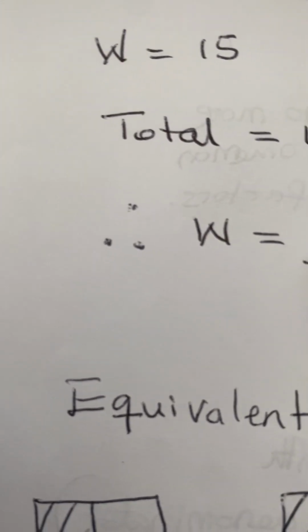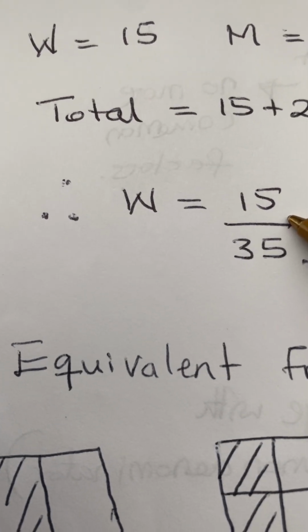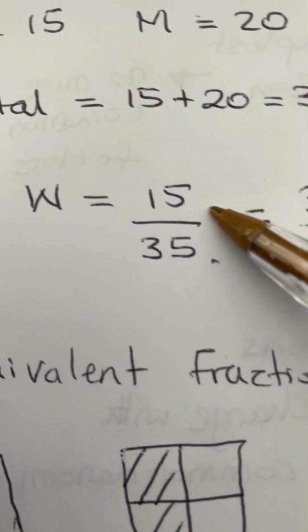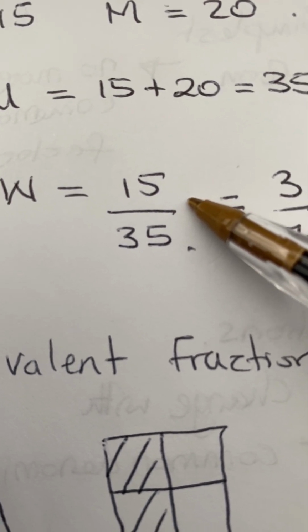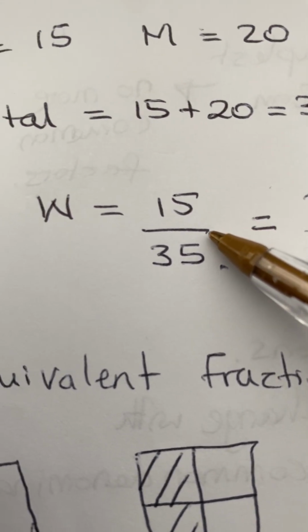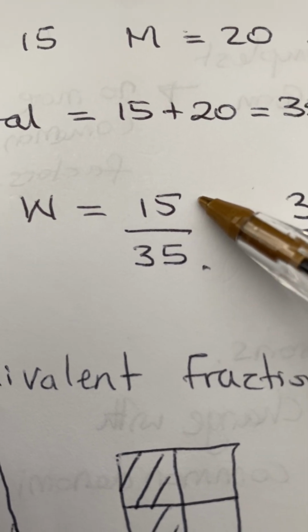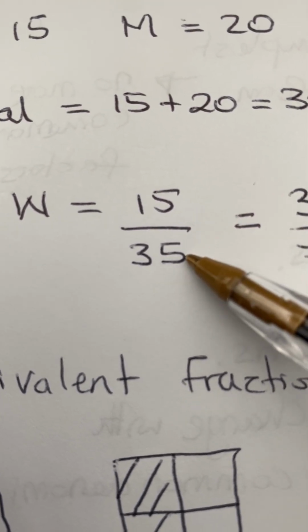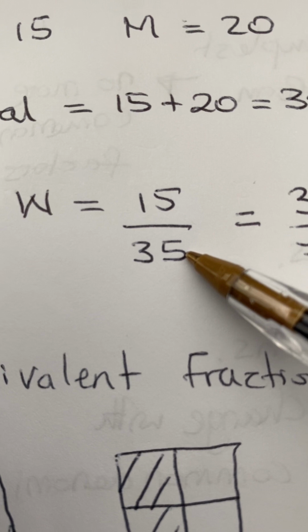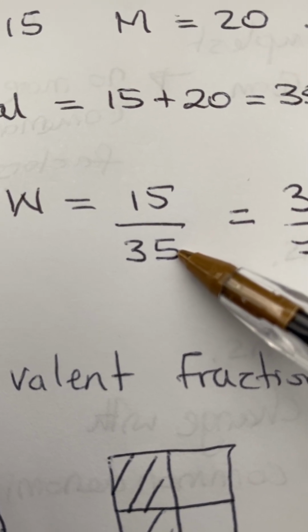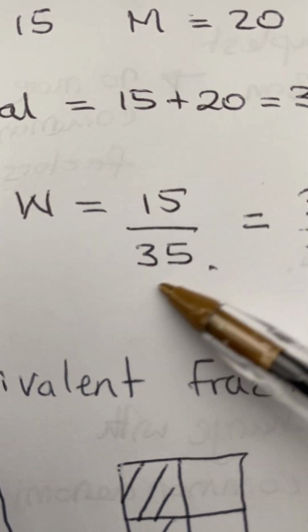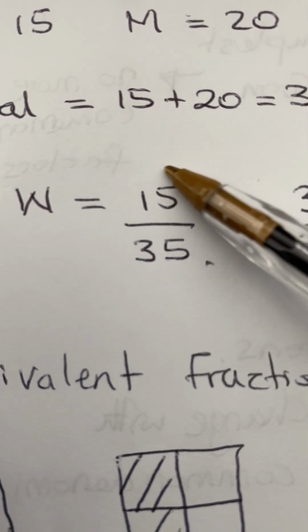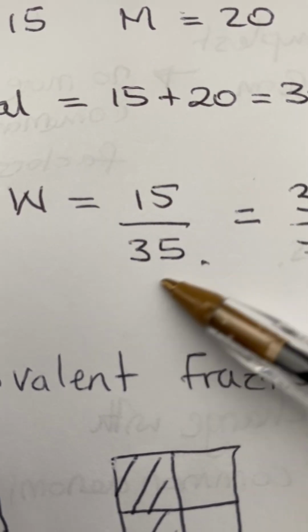Now you have 15 women. So to find the fraction, they didn't say percentage, here they said fraction. So you have 15 women out of 35 tourists. Now this is your fraction, of which you have to find the lowest form.